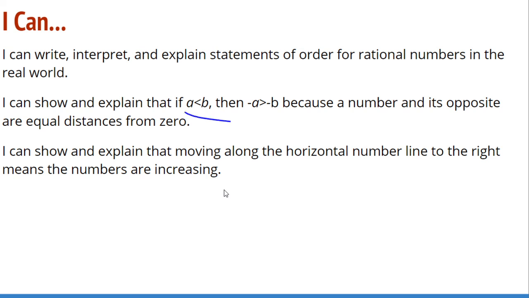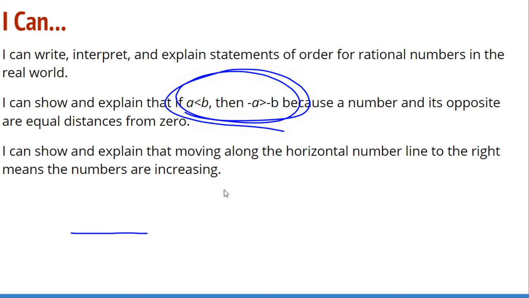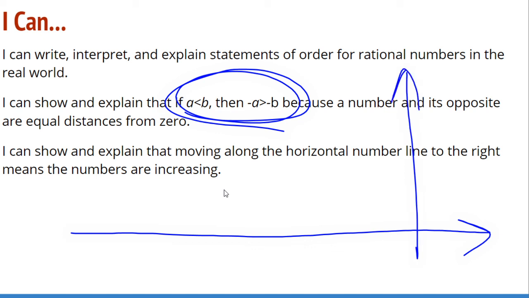And we really drilled into that looking at the number lines, because a number and its opposite are equal distances from 0. I can show and explain that moving along the horizontal number line to the right means the numbers are increasing. We looked at a whole bunch of examples. The farther to the right you go, or the farther up you go on the number line, the greater the numbers are.